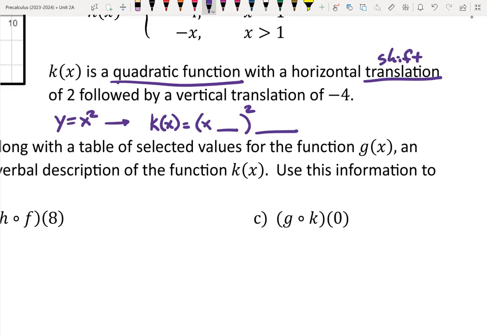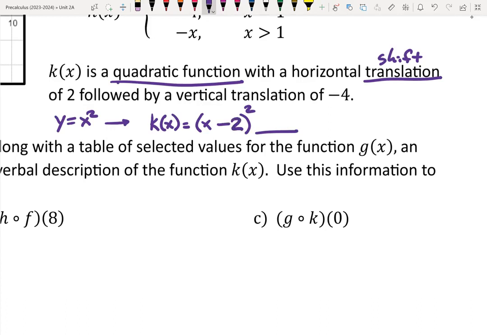Now, is that 2 to the left, 2 to the right? It's a positive 2, so it's a shift right. What should I put inside those parentheses? Exactly. Since that is a shift right 2, I should have x minus 2 in there.